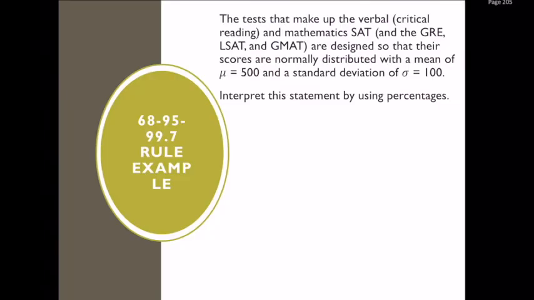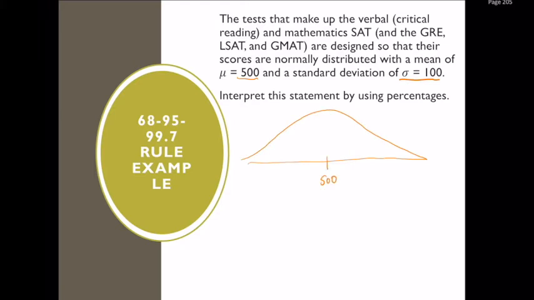Tests that make up the verbal and mathematics SAT are designed so that their scores are normally distributed with a mean of 500 and a standard deviation of 100. Let's interpret this statement using percentages. So I'm going to go ahead and draw a normal curve. My mean is 500.